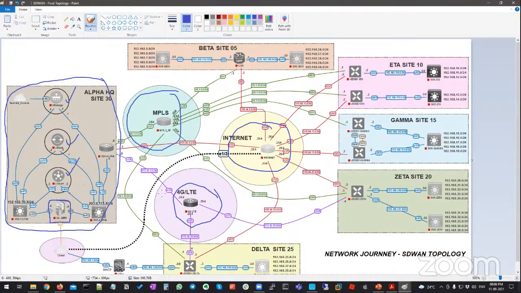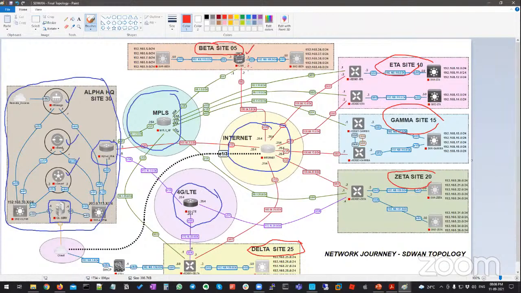Okay, and then this is a normal router. This is not an SD-WAN router, which is going to provide the connectivity. And then we have different branches. If you can see here, I have named the branches like beta branch, eta branch, like that. Okay, so we have different branches for providing the SD-WAN. Again, on the beta side, we have a CSR.